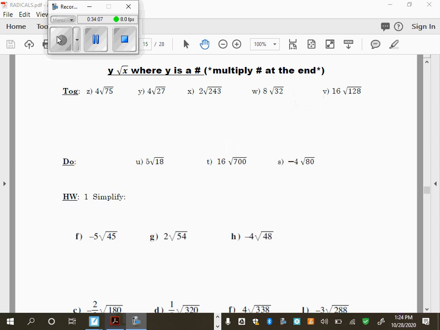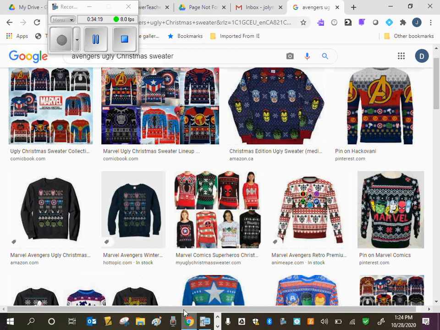Okay, I have a riddle. You'll never guess what student in this class this is about. Ready, set, go. He's an Avenger. Avenger ugly Christmas sweaters. Look at that.